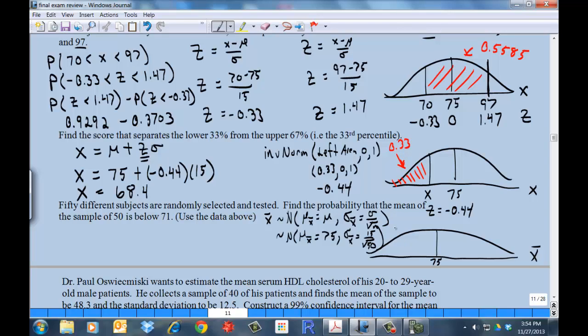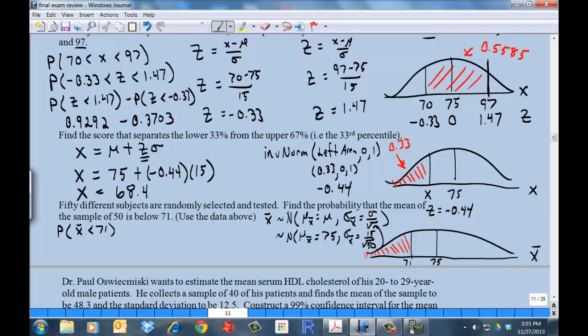We want to know the probability that if we take a sample of size 50, what is the probability that the average of our 50 subjects is less than 71. So let's find 71, which is going to be over here. And we want to know what percentage of all possible x bars will result in an average that is less than 71. So let's kind of write that out. The probability that x bar is less than 71.